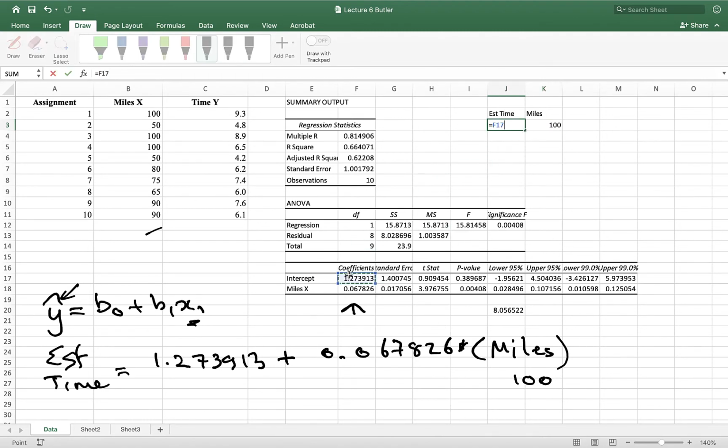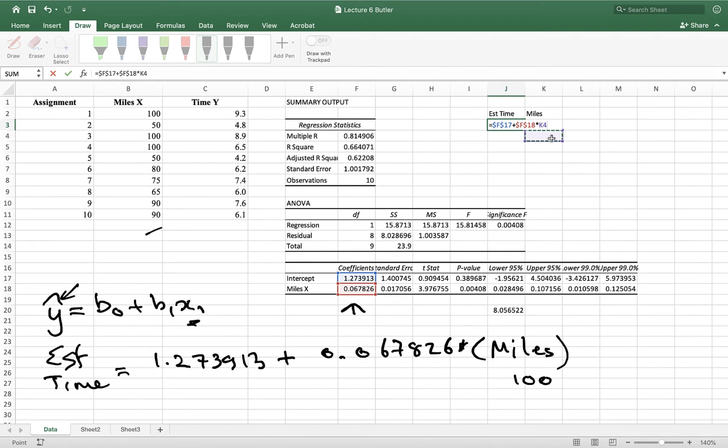this guy. I'm going to press F4 because I'm going to copy this calculation down. F4 just puts dollar signs in front of my F and the 17, which means as I copy this formula down, it's still going to refer to this cell in here. Then I'm going to add in the miles, F4, and multiply that by the 100 in this cell here.